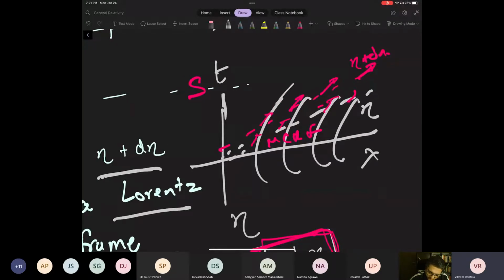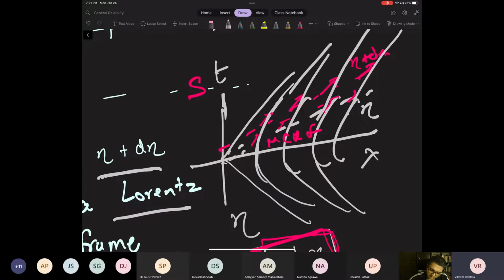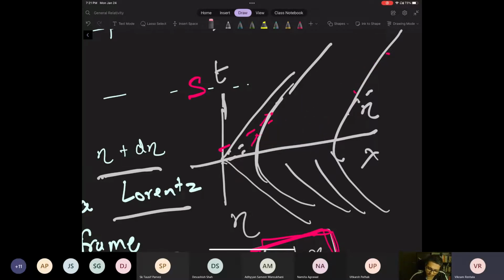So I've drawn the Rindler observers here. All these observers have the same asymptotes, right? Now let me look at a fixed eta. What do I mean by fixed eta? What we've seen is that fixed eta corresponds, in the inertial frame, to a line through the origin.